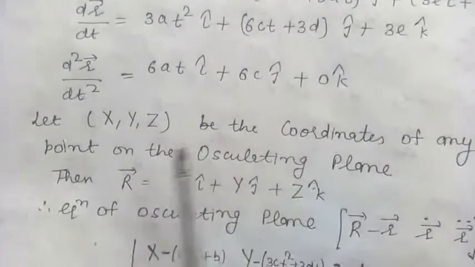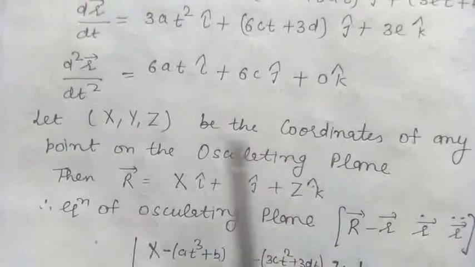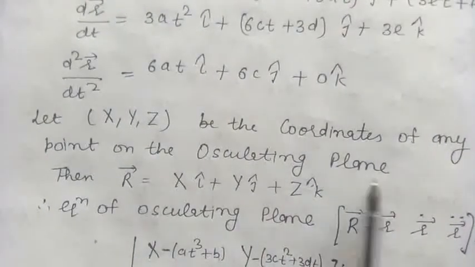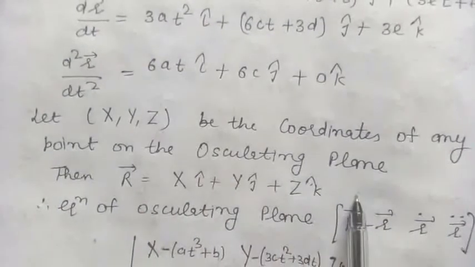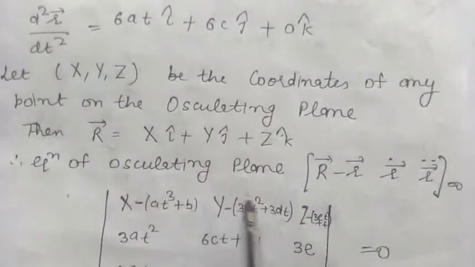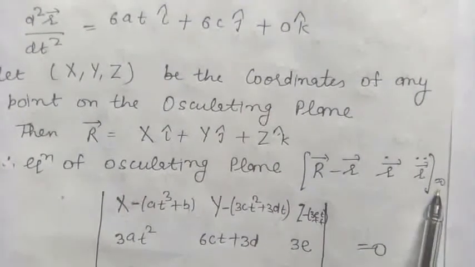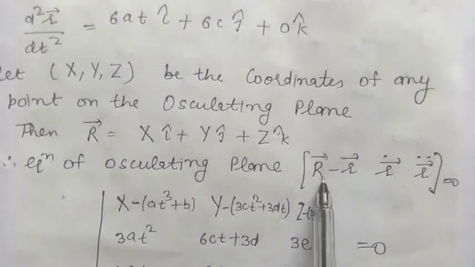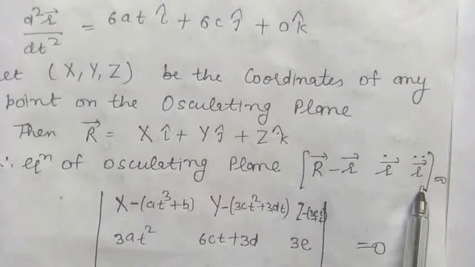Now let x, y, z be the coordinates of any point on the osculating plane. So vector r can be written as xi plus yj plus zk. Now the equation of the osculating plane is given by the scalar triple product of the three vectors equal to 0, where the first vector is R minus r, the second is the vector r dot, and the third is the vector r double dot.